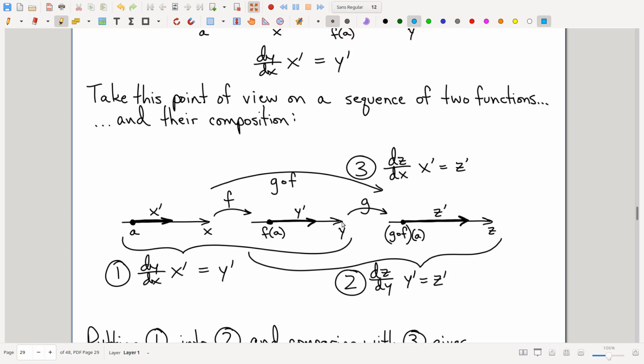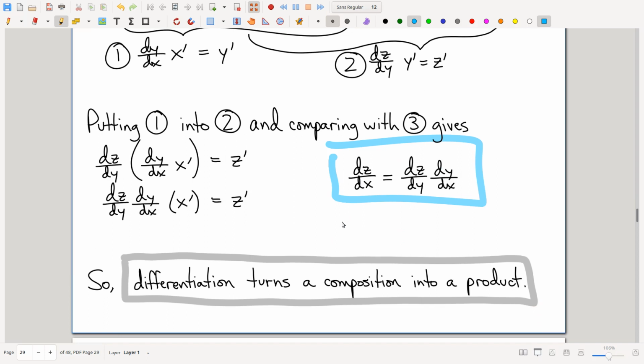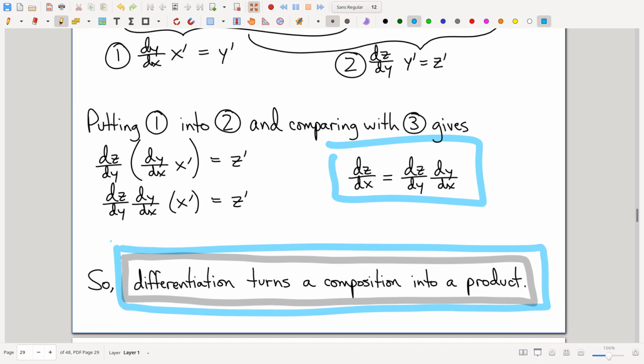And with all of that in mind, real quick, I'll point out the pithy summary here. We looked at a composition, and the derivative of that composition is the product of the two individual derivatives.